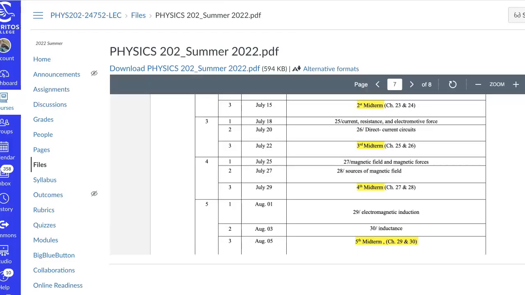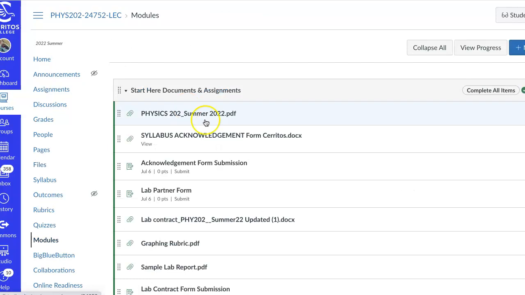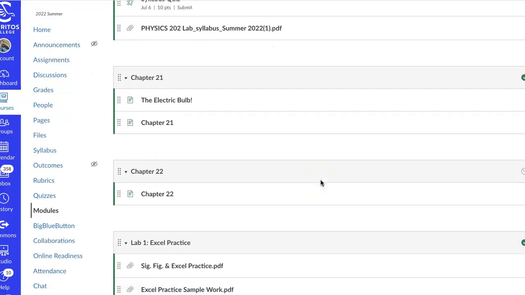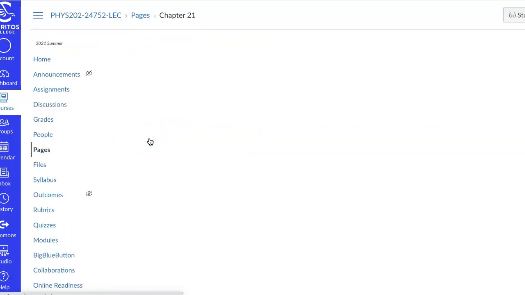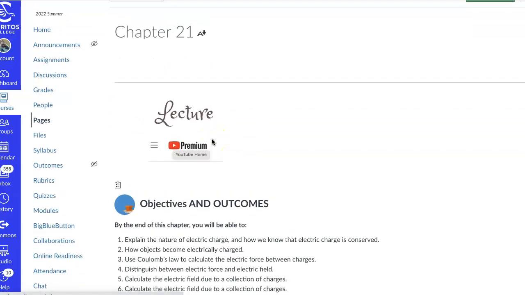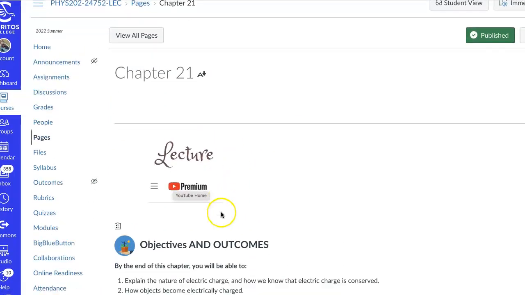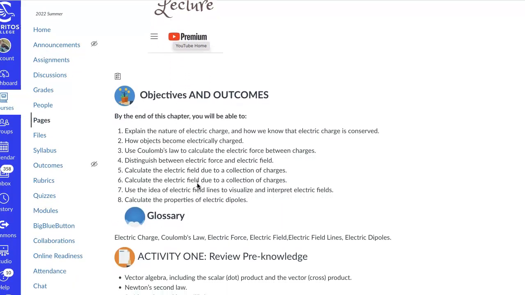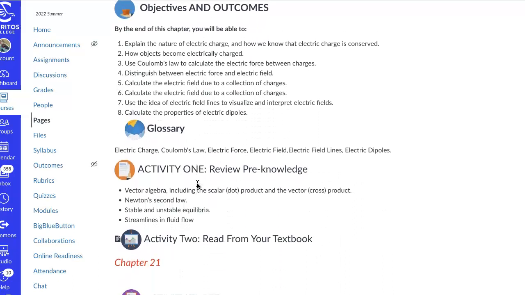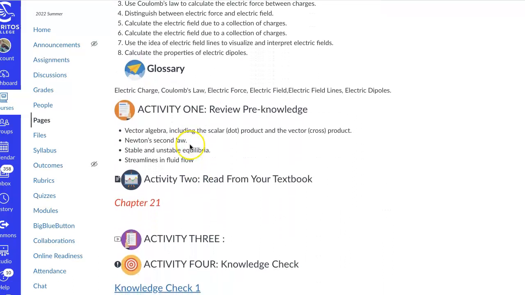Also, I want to share with you the structure for the chapter, let's say chapter 21, which is this one here. You will see my lectures showing up here. These are the objectives and outcomes.